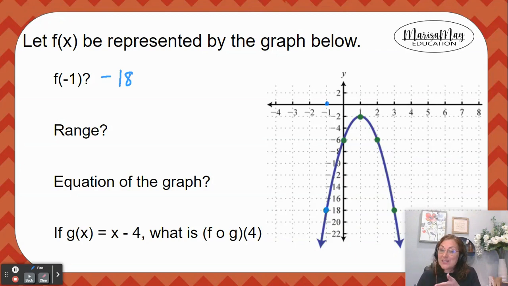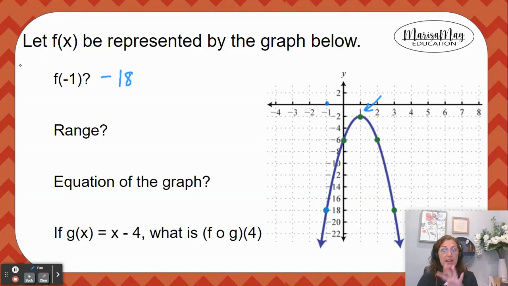So we're reading this information from the graph, but we have to know what we're looking for. Let's look at this one, asking ourselves, what is the range? Well, I hope you see that we have a maximum value at this point at the top of the parabola. And this is our highest y value.